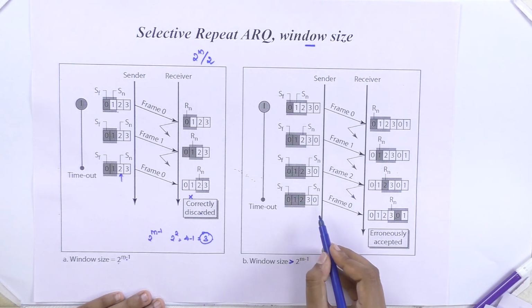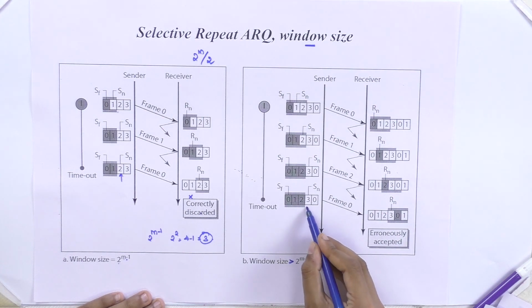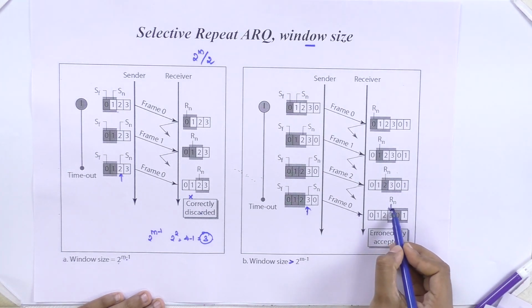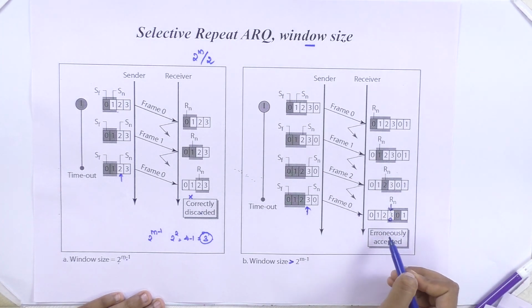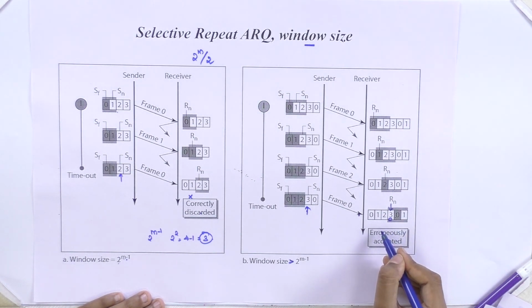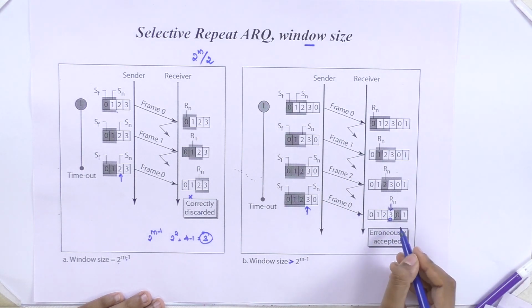So the next frame will be 3. So instead of sending 3, the frame 0 is sent, but the receiver knows that 3 has to be sent. What happens? It will accept the frame.